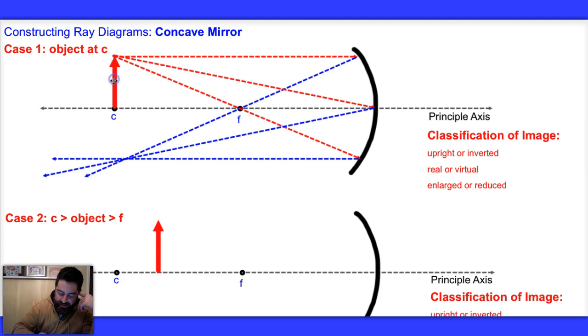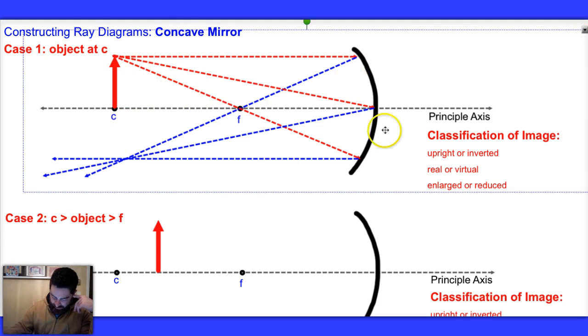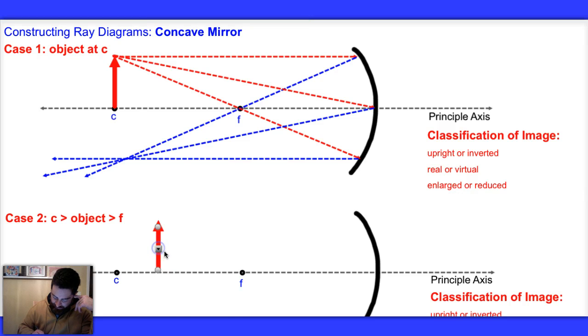We can see that here, let's go ahead and grab this guy. And so I'm going to go ahead and draw my image in. Now, it's pretty close. It's not perfect, again, because my alignment's a little bit off, but this image should be located right underneath the object. There's the image. The object is here. They should be located at the exact same position at the principal axis.